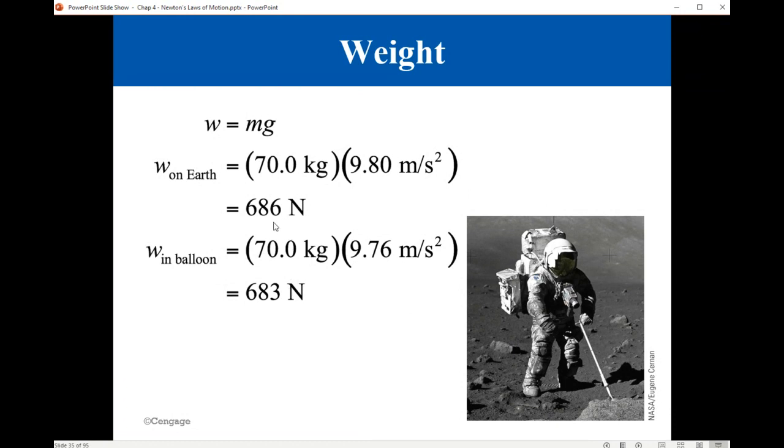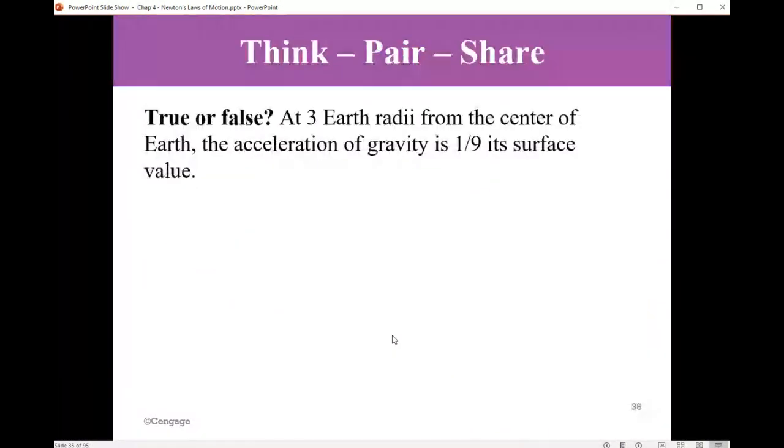So if a scale is used to weigh that person on the ground, it will read 686. If the person weighed himself or herself inside the balloon, the reading would be different. And now we understand why it is different, because g is different.